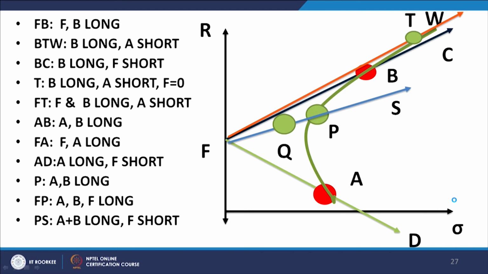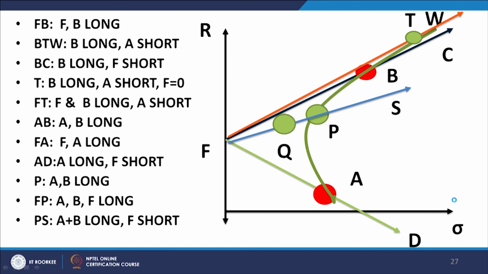Now, what about FP? FP is a straight line which is bounded by F and P. So, it has to be a linear combination of the portfolios represented by F and P. That means, at the point F, obviously, we have xf equal to 1, xp equal to 0. At the point P, we have xp equal to 1, xf equal to 0.